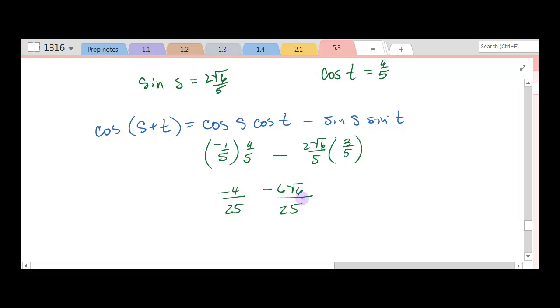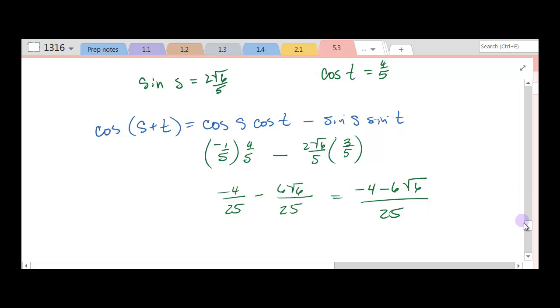So this looks like -4 minus 6 square roots of 6 over 25. This is an acceptable answer. You could have combined the numerator, so it looks like -4 minus 6 square roots of 6 all over 25, and both of these are the same solutions.